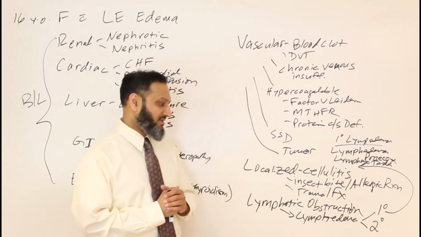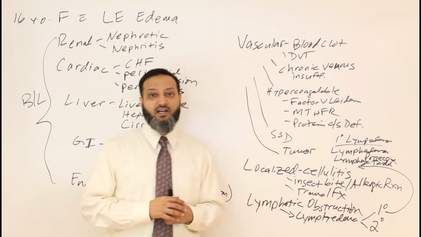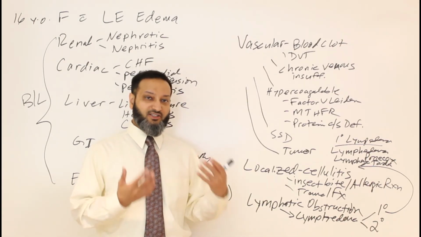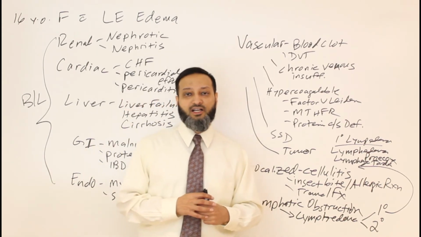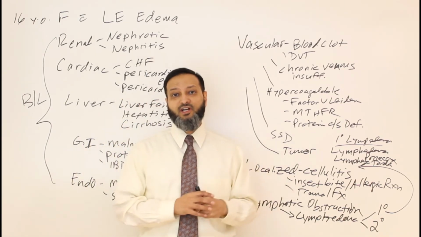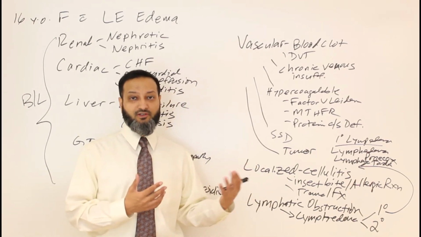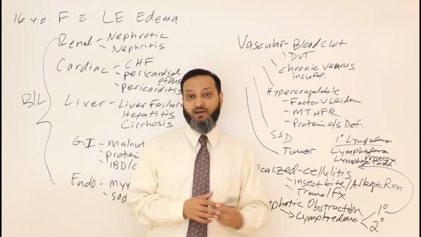Then another common cause of secondary lymphedema is related to malignancies and radiation and surgery. So patients who have breast cancer have the tumor removed, have their lymph nodes in the axilla removed, so then they don't get good drainage of their lymphatics in that area. That can cause ipsilateral lymphedema as well.